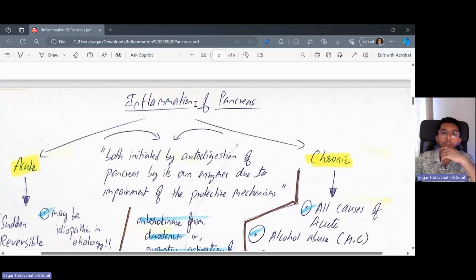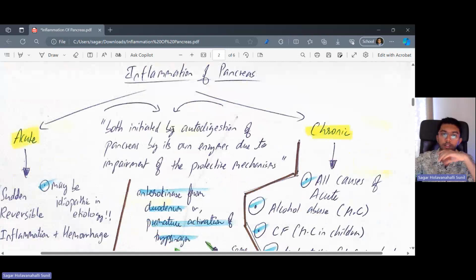So essentially, when you talk about the inflammation of pancreas, both acute and chronic cases are initiated by the so-called autodigestion of the pancreas. And this autodigestion occurs because of the digestion by its own enzymes. So there are some protective mechanisms within the pancreas.